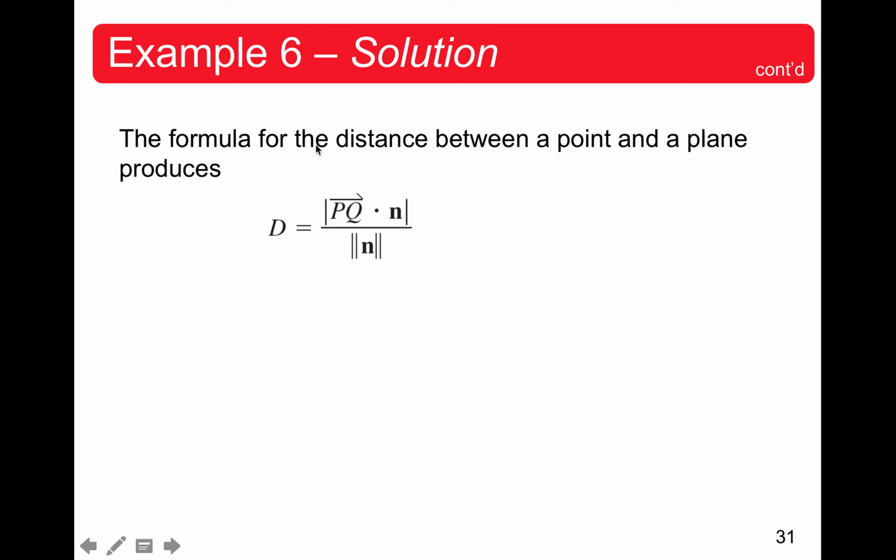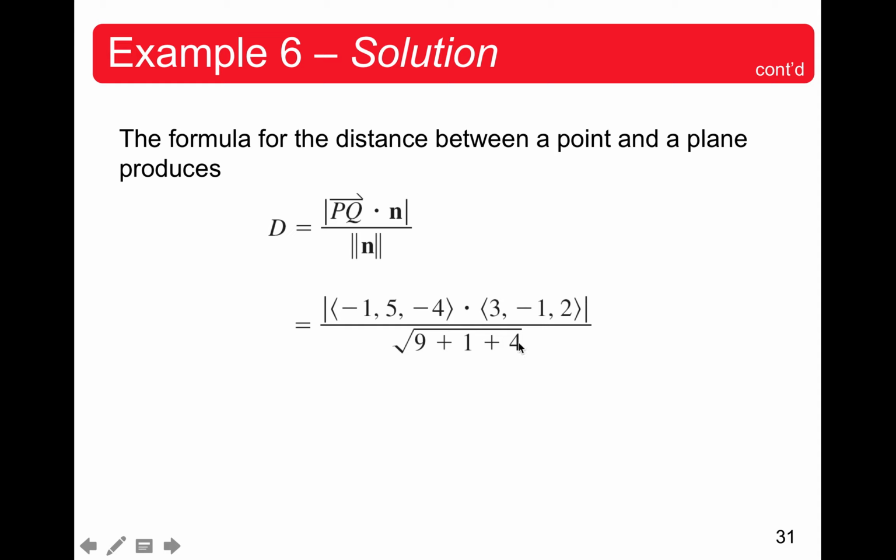Okay, so to find the distance between our point and the plane, we're going to take the dot product of that vector we just found and the normal vector and divide it by the magnitude of the normal vector. So here's our vector PQ, and we're going to do the dot product with our normal vector, which was (3, -1, 2).